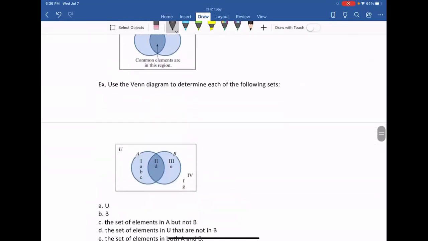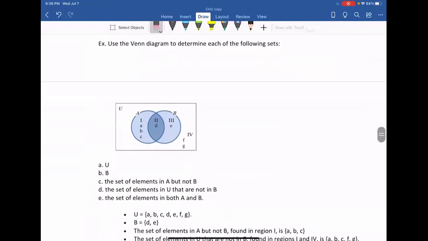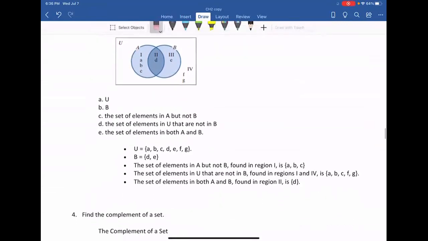Let's see the example. Use the Venn diagram to determine each of the following sets. Here is the Venn diagram, and find U, the universal set, U. The universal set includes everything.